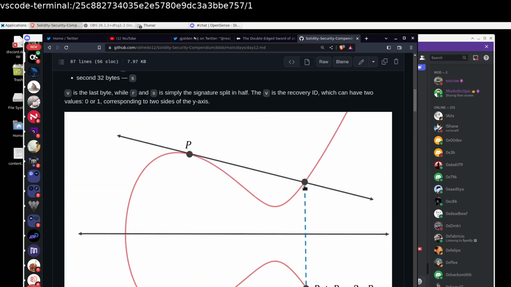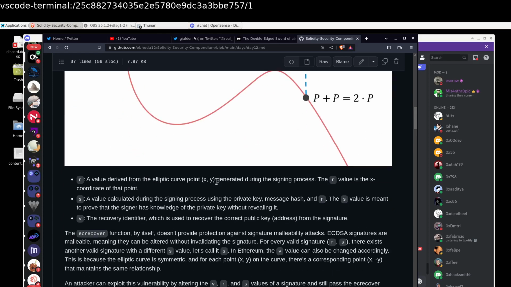Generated during the signing process, the R value is the X coordinate of that point. S is a value calculated during the signing process using the private key, the message hash, and R. The S value is meant to prove that the signer has knowledge of the private key without revealing it. V, the recovery identifier, is used to recover the correct public key from the signature.